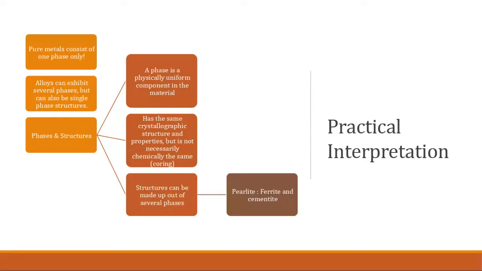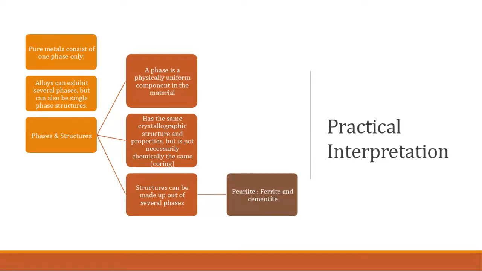When you start alloying, now you can exhibit several phases, but you can also have a single phase structure. Okay, and in those phases and structure, you're going to see that a phase is physically uniform throughout the entirety of the component in the material. Okay, it has the same crystallographic structure and properties, but it might not be chemically the same.